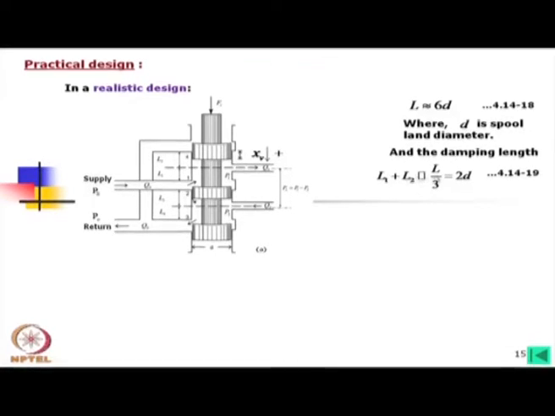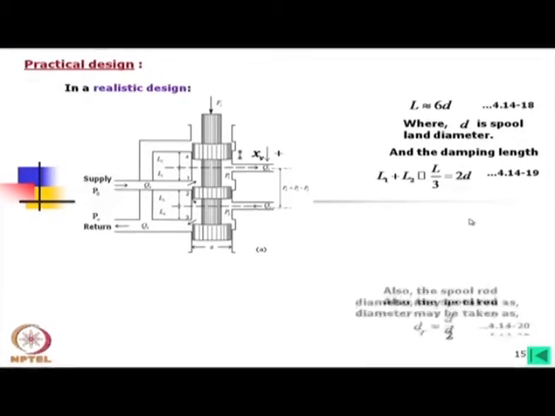This will be L1 plus L2 approximately equal to, this sign is somewhat not matching, maybe something is wrong here. L by 3 is equal to 2 d, we may consider L1 plus L2 is approximately taken as L by 3, which is equal to 2 d.